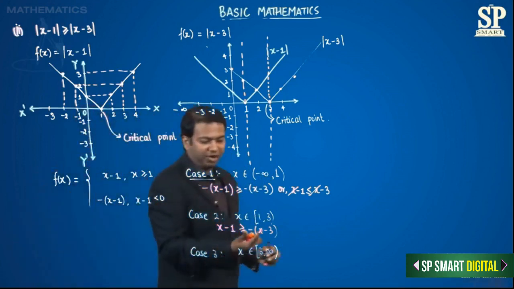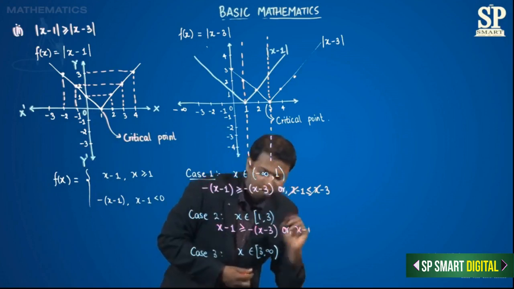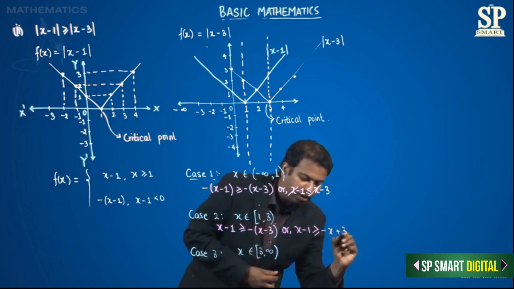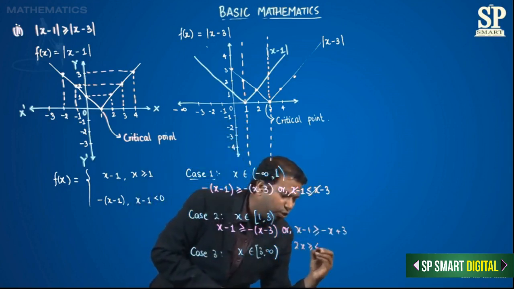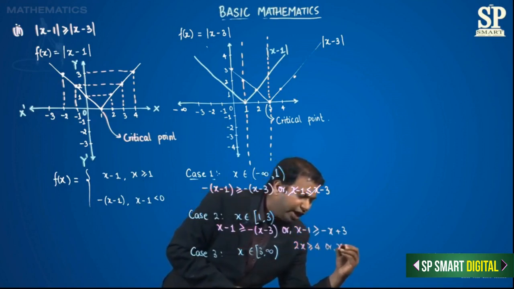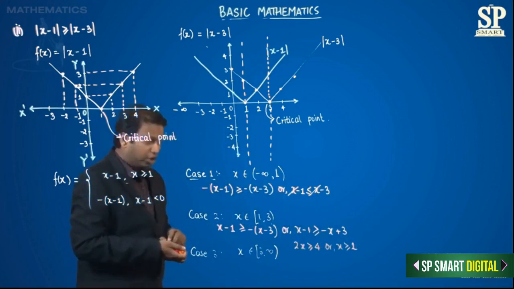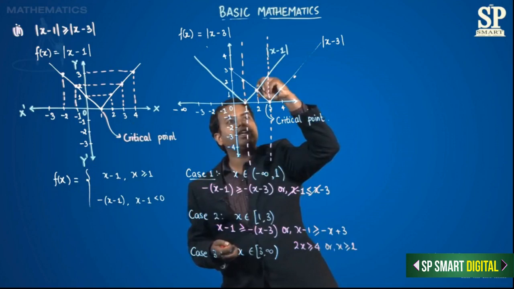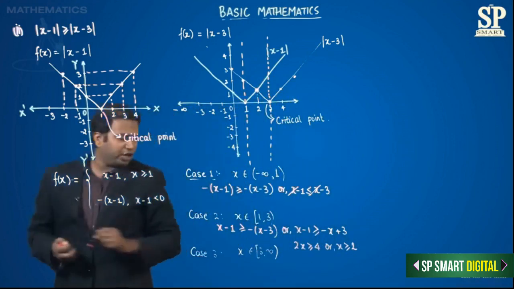So let us now simplify this. So we have x minus 1 is greater than equal to minus x plus 3, which gives us 2x is greater than equal to 4, or x should be greater than equal to 2. So 2 is the point here, and corresponding to this, here is the value that we are looking for. So now we have a solution.